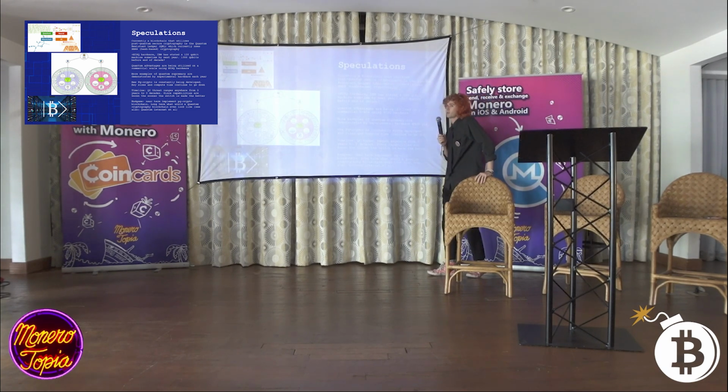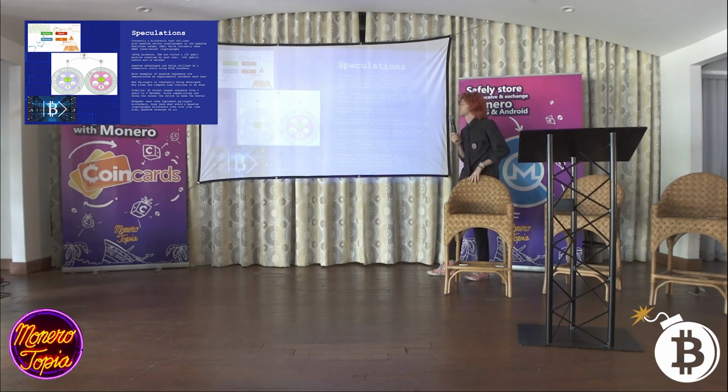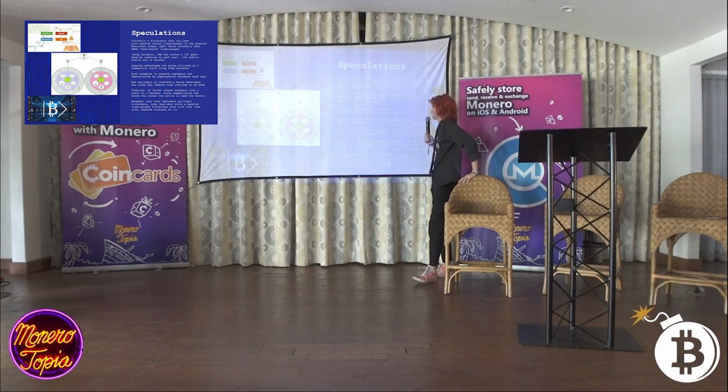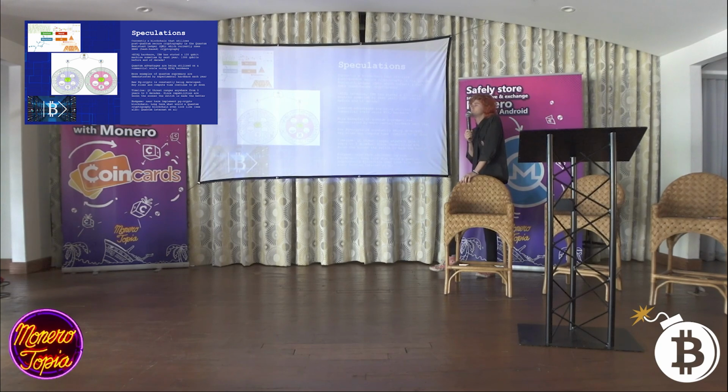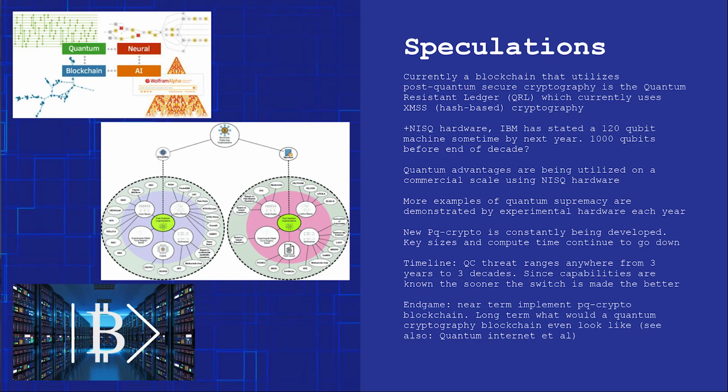And if we really want to look at the end game of this, not just for Monero, but for any other cryptographic protocol, you should probably implement a blockchain that uses it at some point, hard fork or something, I don't know. Long-term, what would a quantum cryptography blockchain even look like?